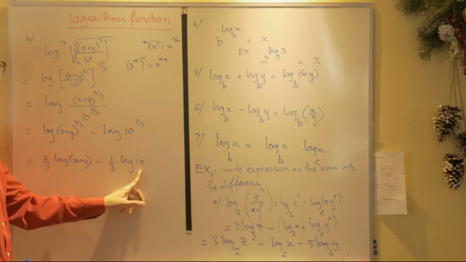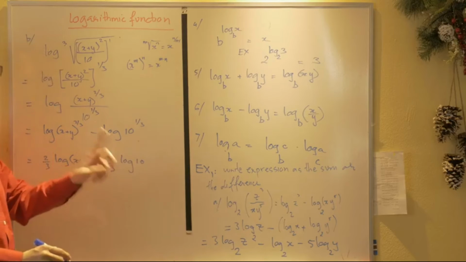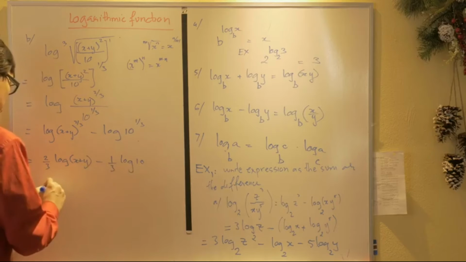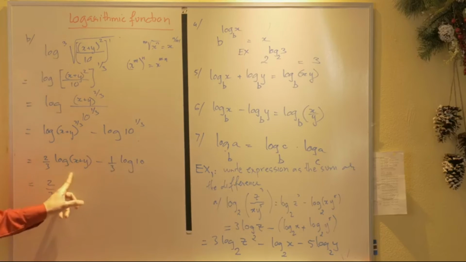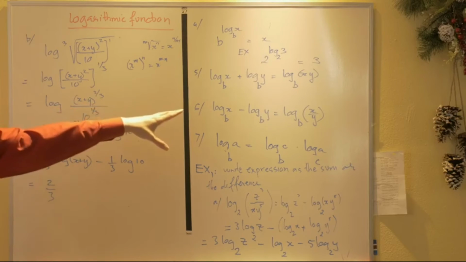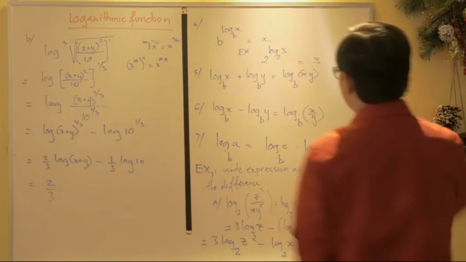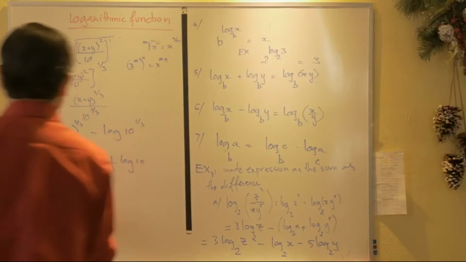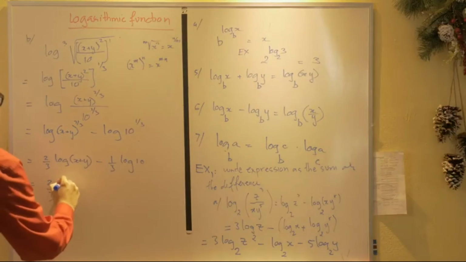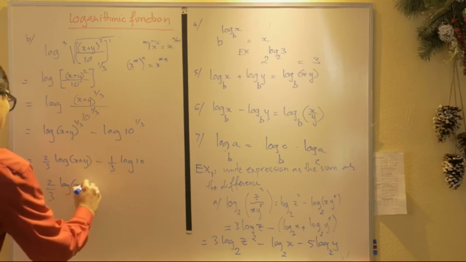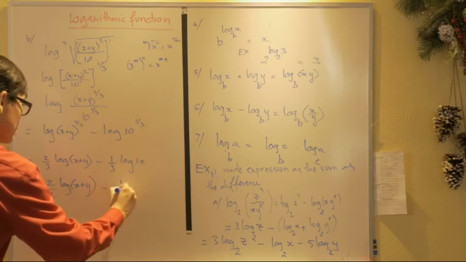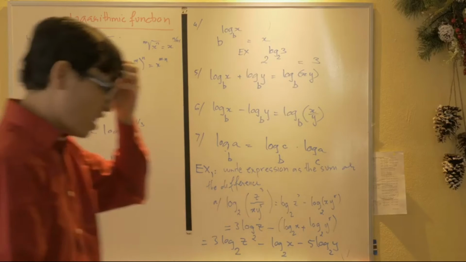And log base b of b gives you 1. So log base 10 of 10 is 1. So 2 over 3. This one we cannot do anything because log of the sum, we don't have the formula. We have log of the product. We have log of the quotient, but we don't have log of the sum. So I just leave it there. Okay. And log base 10 of 10 is 1. So this is my final answer.